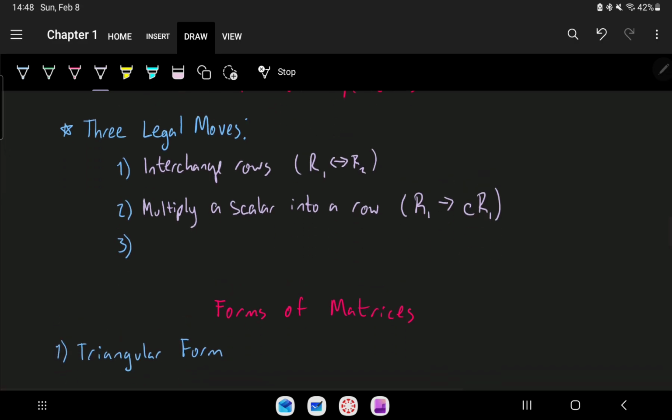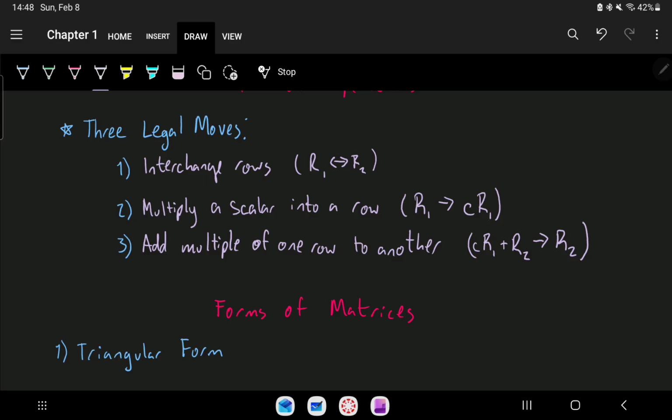And I hope you remember from the last time, but we can also add a multiple of one row to another. And in notation form, you can just say something like this.